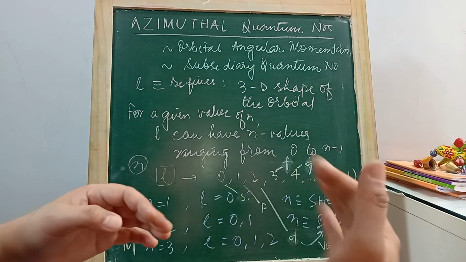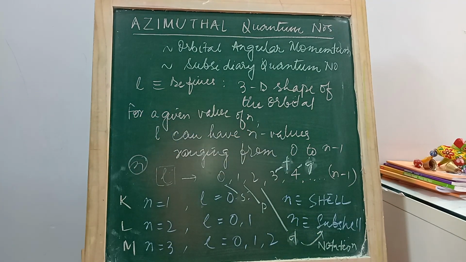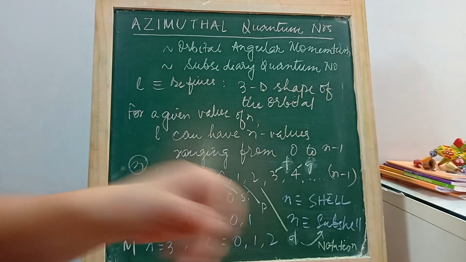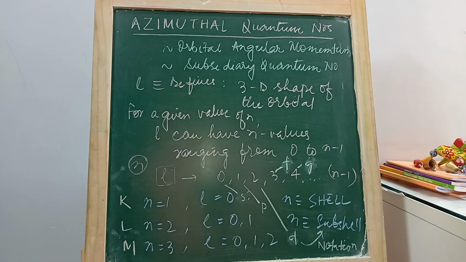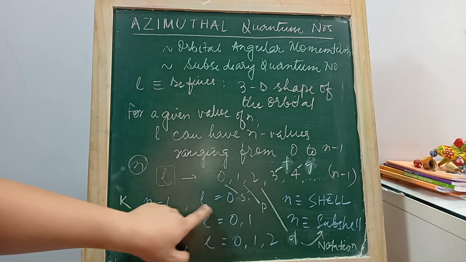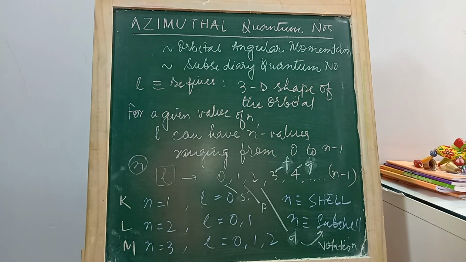And what are the values? It will start from 0 till n minus 1, that means one number less than the given value of n. Say n equal to 1, the only possible value of l is 0.